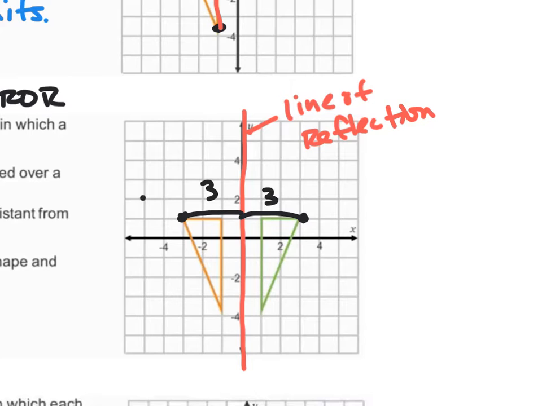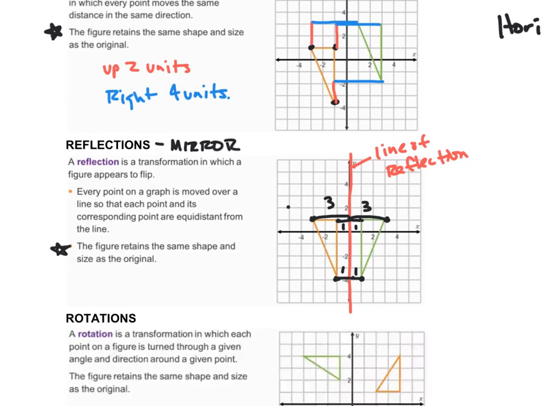Now, the same thing can be said down here with this point here and this point here. They are both 1 unit away from the line of reflection. Same thing with this point and this point. Those are both 1 as well. But that's the idea, you reflect this over and it's like a mirror, okay? And so this point is going to correspond with that point. It's going to be the same distance away from that line of reflection, and that's what we talk about here.